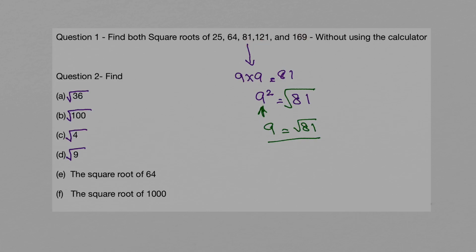I've shown you one example, 81. Again, we look for which number we need to multiply twice to get 81. In this case, 9 times 9 is 81. We can write it as 9 squared equals 81. The square root of 81 is just 9.